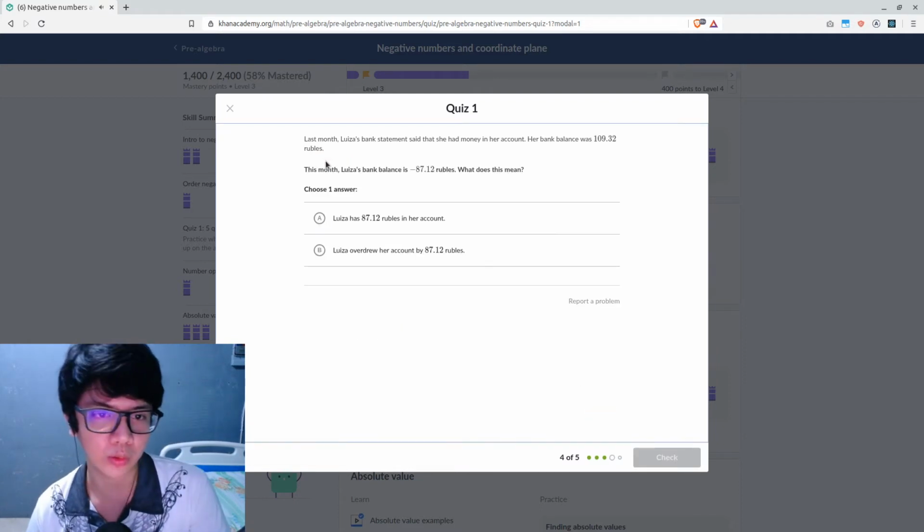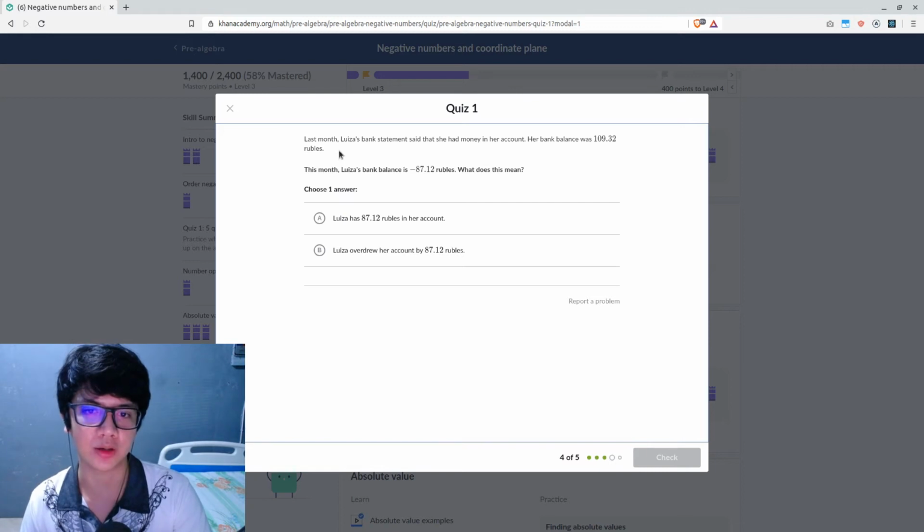Last month, Louisa's bank statement said that she had money in her account. Her bank balance was 109.30 rubles. What does this mean?